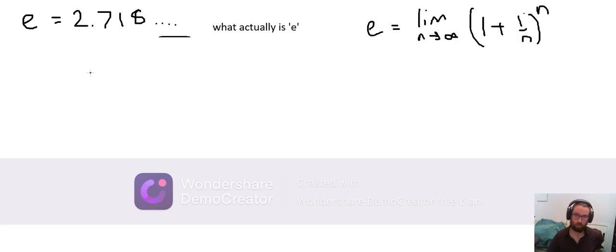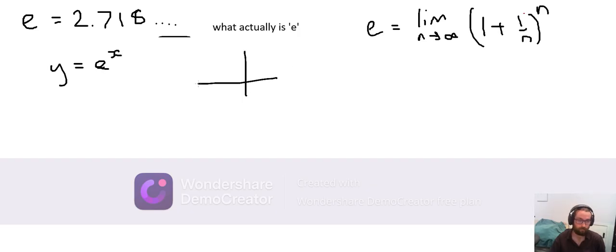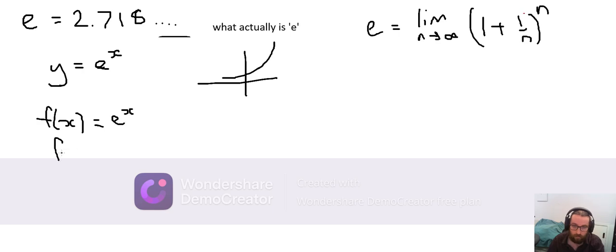Now, let's talk about a really interesting function, e to the x. E to the power of x kind of looks like this. We haven't really touched on calculus before, but I'm going to show you that if f of x is e to the x, e to the x is its own derivative. f of x equals f prime of x.